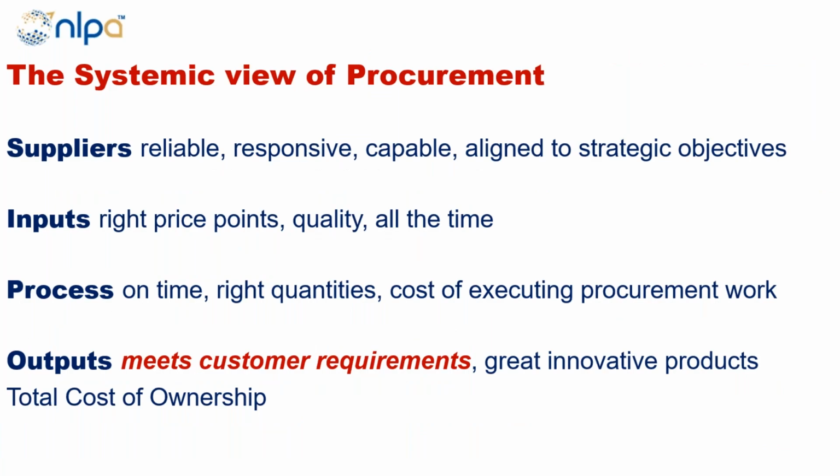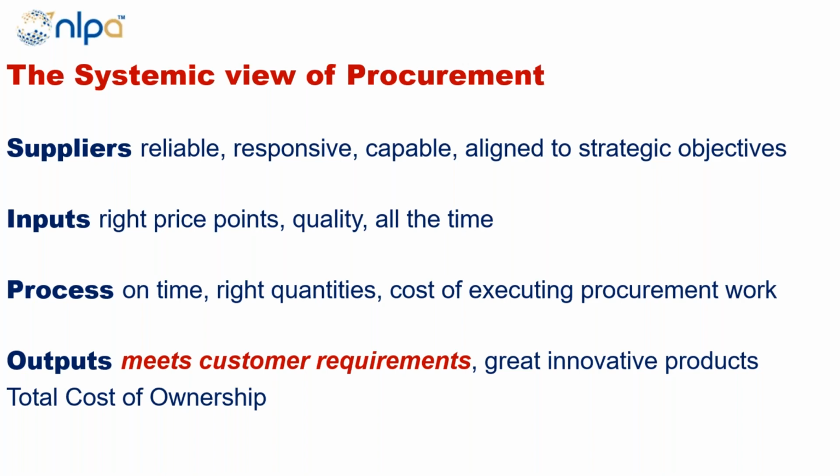So having a systemic view of procurement and the supply chain is very important. A supply chain is made up of suppliers, inputs, process, outputs, and our customers. Our suppliers are responsible.